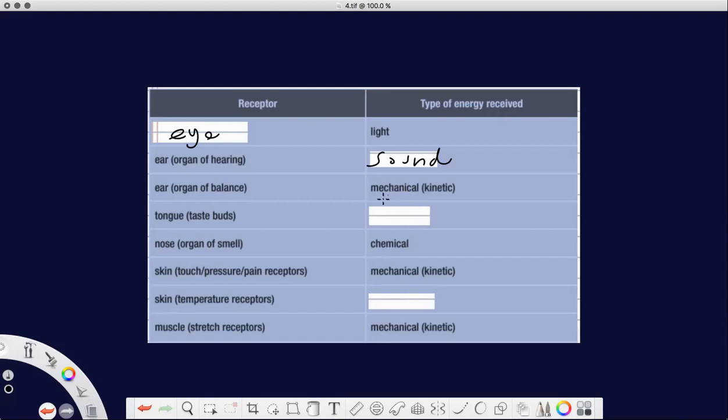Now the tongue has receptors, so they can detect taste as a chemical signal. Nose, smell, again chemical. Skin: pressure, heat, touch, mechanical receptors.